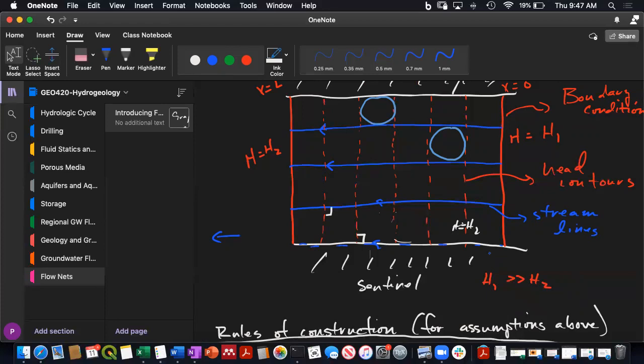That is why the equipotential line has to intersect it at a right angle, because that means all flow at a no flow boundary has to be occurring along the boundary, parallel to the boundary. So a no flow boundary is actually a streamline, parallel to the boundary.